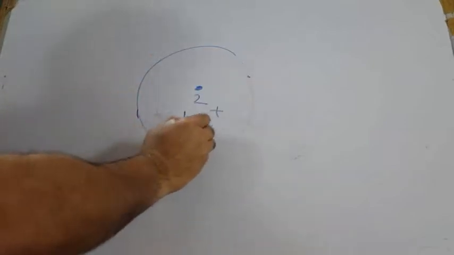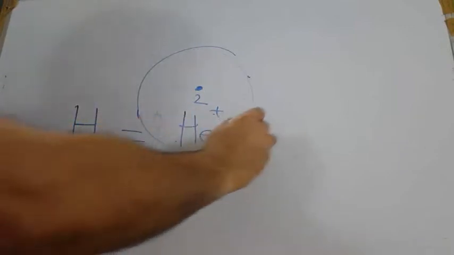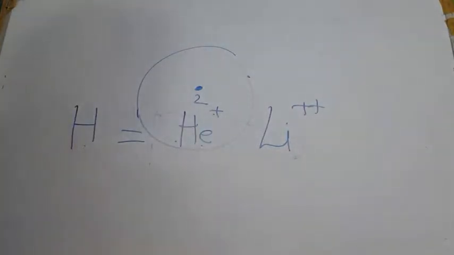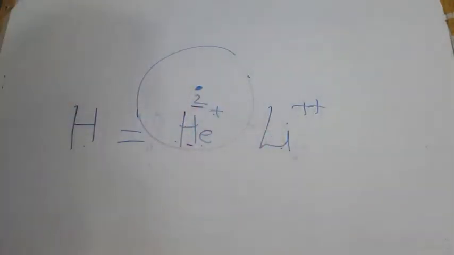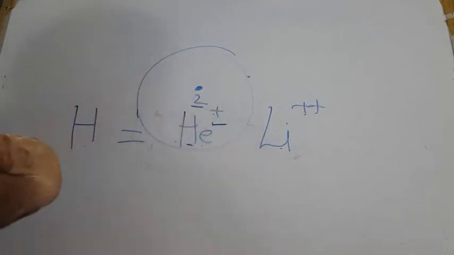That is why He+ is a hydrogen-like species. Similarly, the di-positive lithium ion is also a hydrogen-like species. There we will have to put the value of Z as 2 for He and 3 for lithium. Bohr's model would also explain the emission and absorption spectrum of helium unipositive ions and lithium dipositive ions. But it failed to explain the spectrum of multi-electron species.